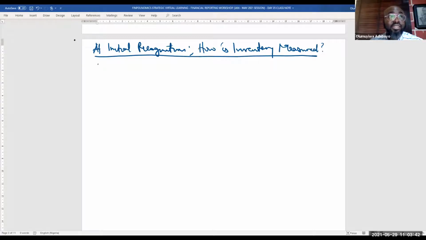And the answer is very simple. It is measured at cost. The next question then is, what constitutes cost of inventories?